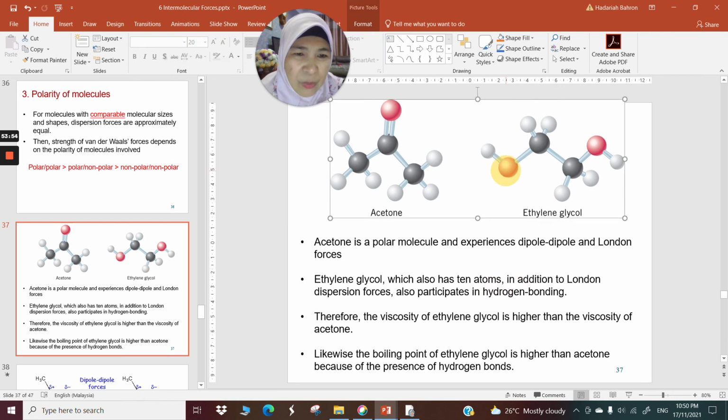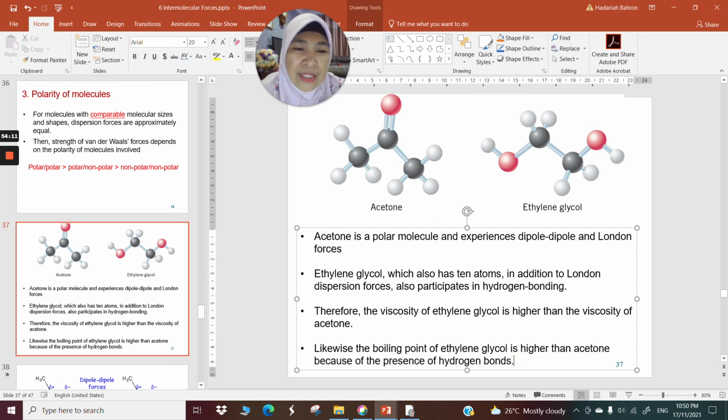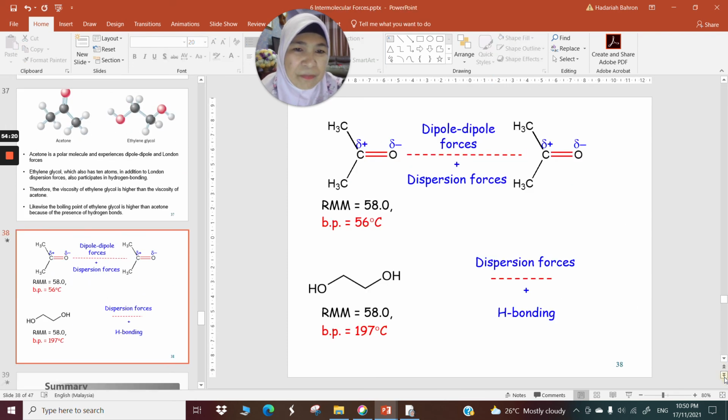As you can see here, O and H. There is oxygen and there is hydrogen, hydrogen that is bonded to oxygen, and that is creating a possibility of hydrogen bonding. So therefore, the boiling point of ethylene glycol is a lot higher than acetone because of the presence of the hydrogen bonding. O and H here makes a lot of difference.